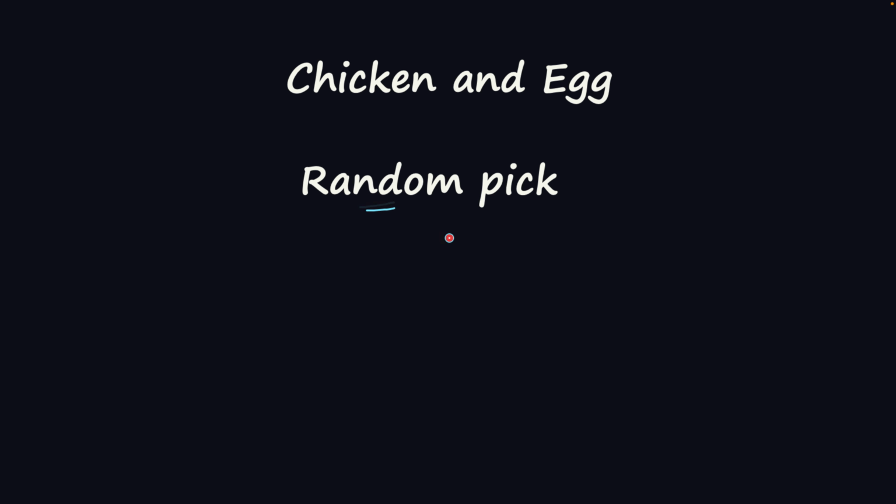When we talk about the algorithm later on, you'll understand what I mean by this random pick. But in general, in any computer algorithm, this is what we do. If we ever face this kind of chicken and egg problem, then we pick one of them randomly, and then we try to make the randomly selected value better iteratively.